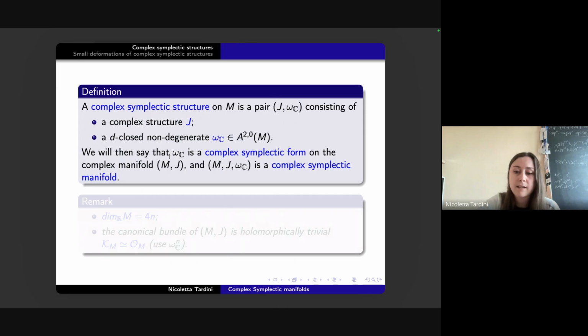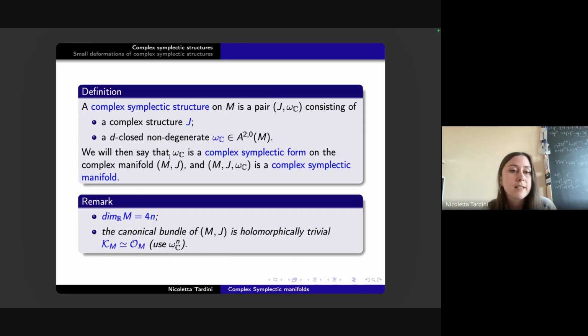And clearly, immediately you can see that, in fact, this type of structure can exist only on manifolds of real dimension 4n. And the canonical bundle of the complex manifold becomes immediately holomorphically trivial.